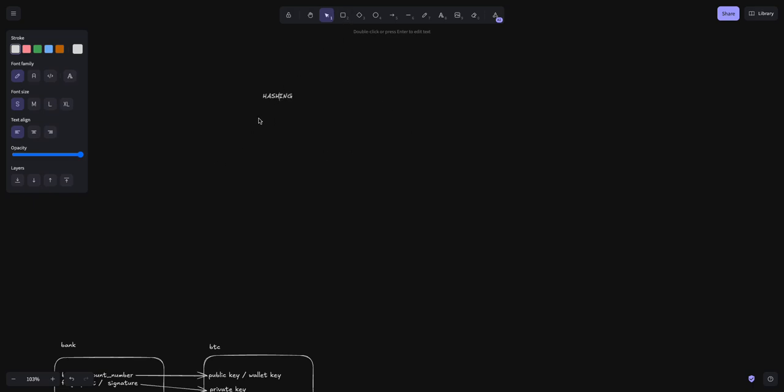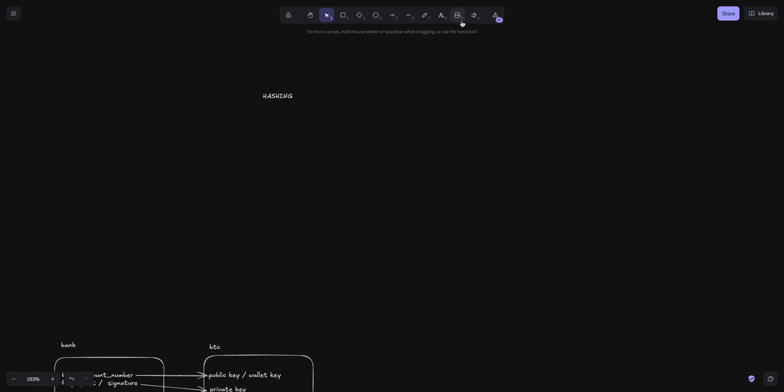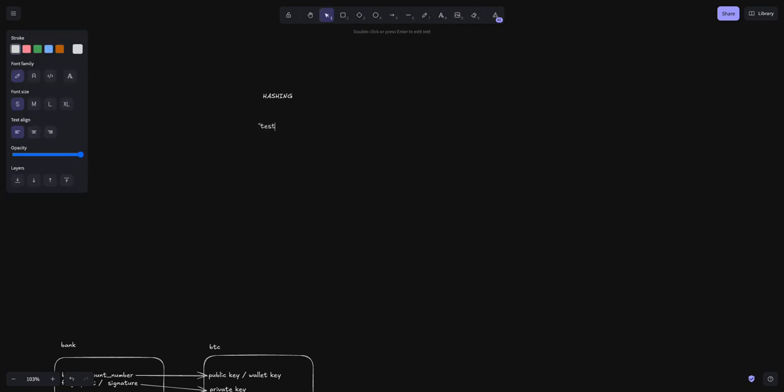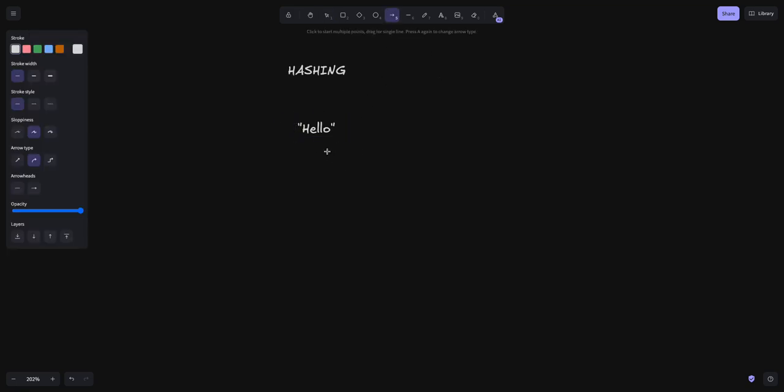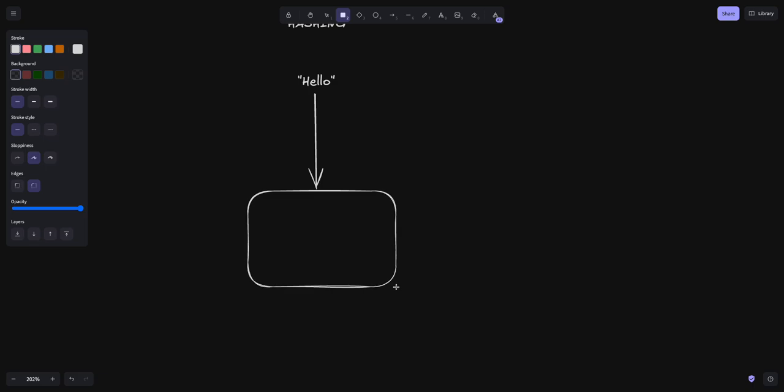What does hashing say? Hashing says: give me a text, let's say hello, and pass it through a function, a logical black box.